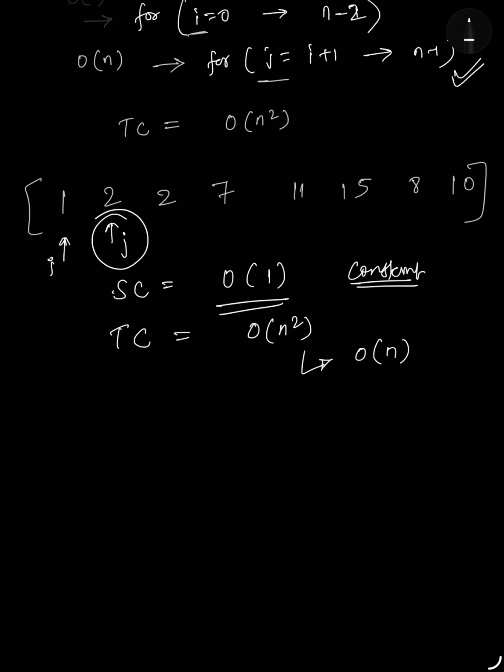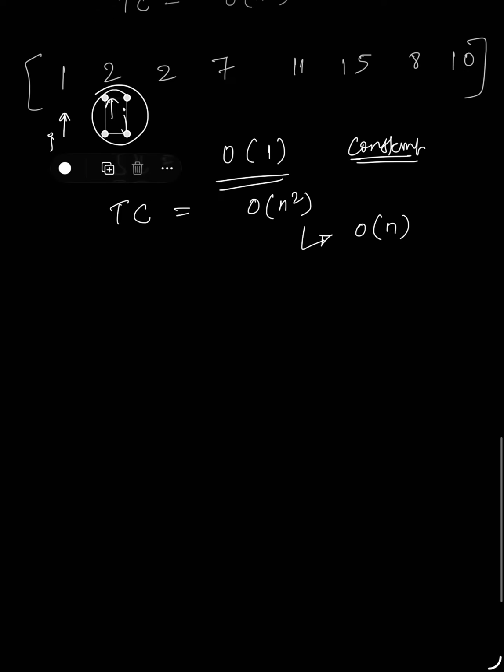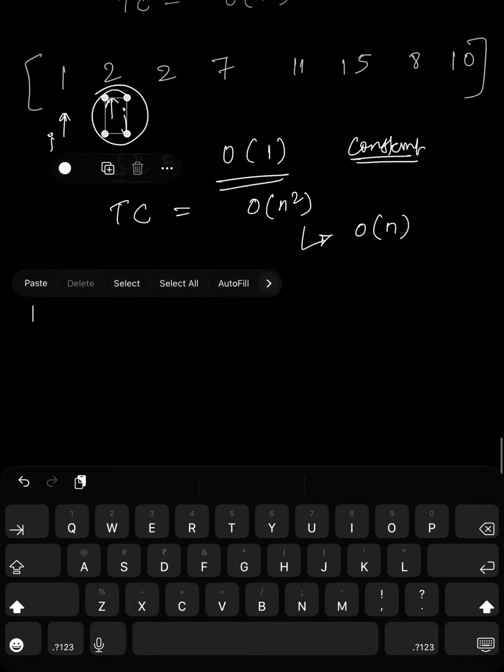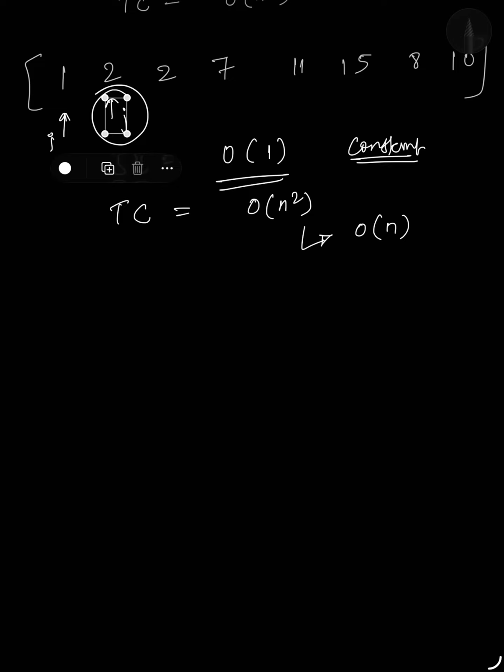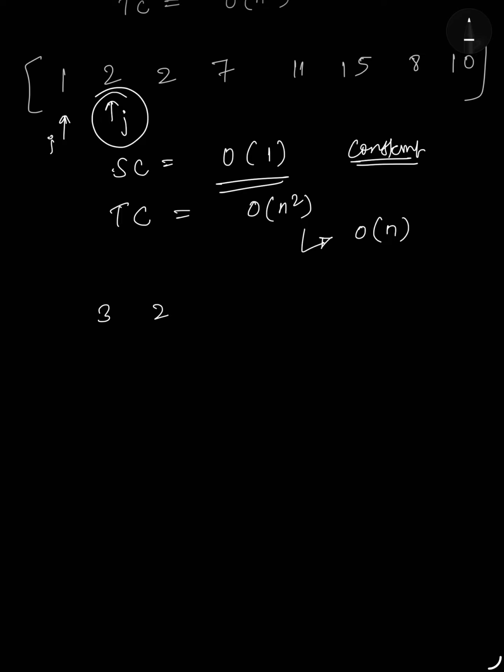When I am going from my ith position, this j from here to here, let me take a fresh example here, that would be better. So let's take an example of 3, 2, 4. When my i is here, I was starting a j pointer from the i plus 1th position, right?